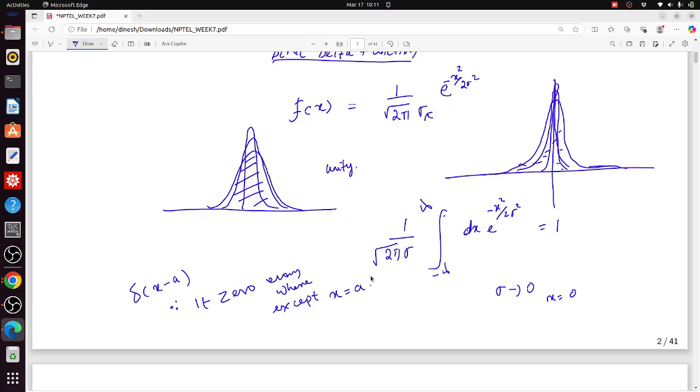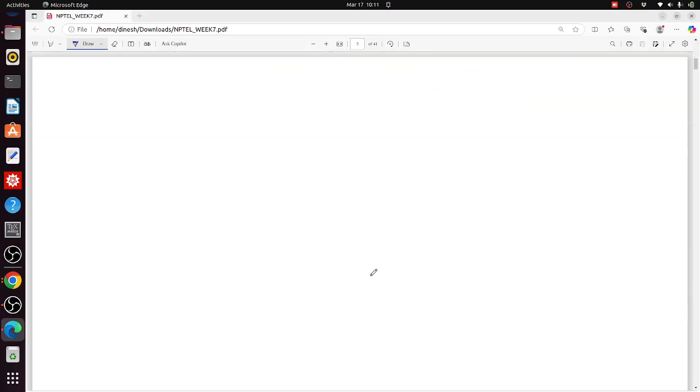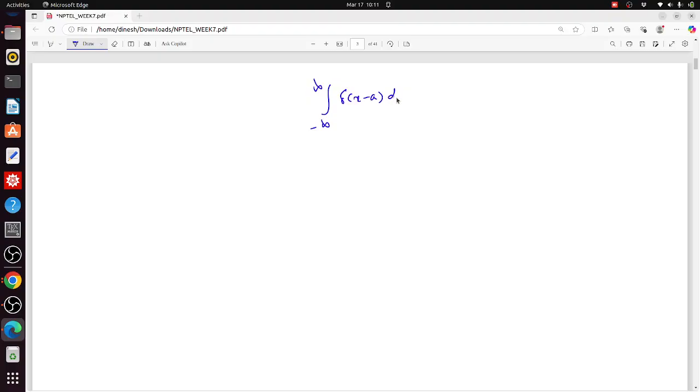The integral from minus infinity to infinity of delta(x − A) dx equals 1, and the integral from minus infinity to infinity of any function g(x) delta(x − A) dx is equal to g(A).